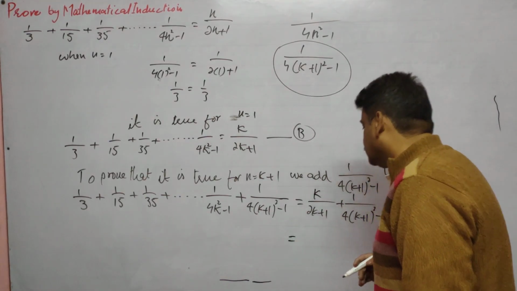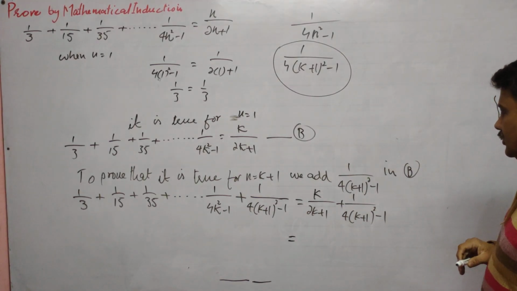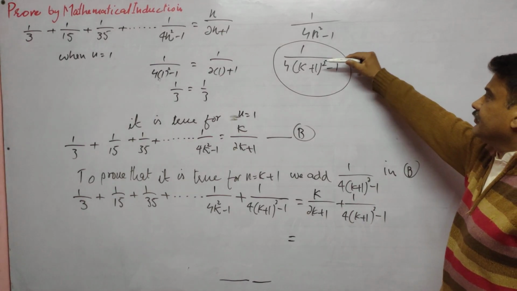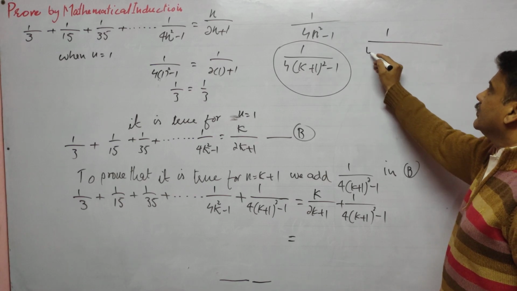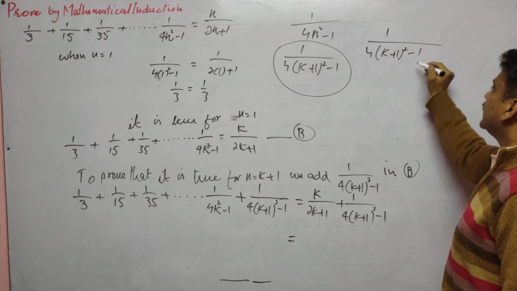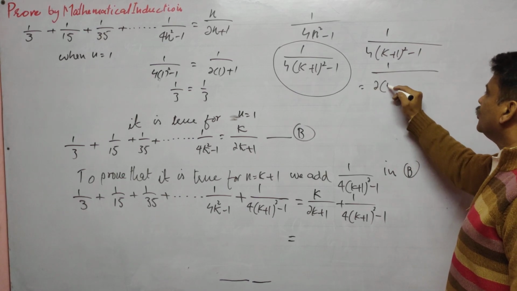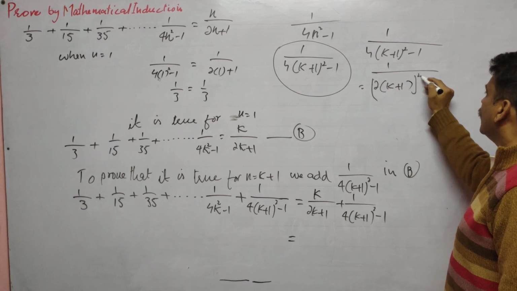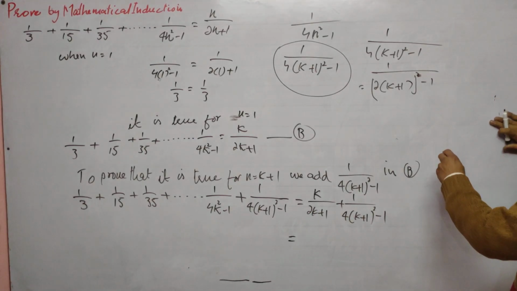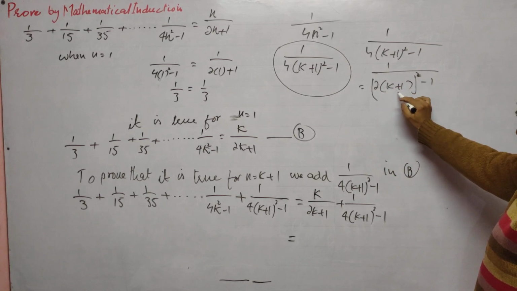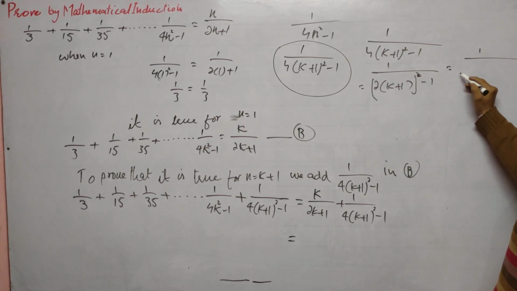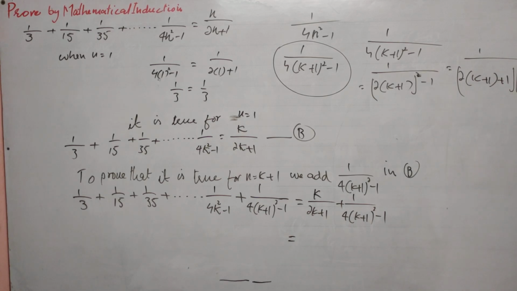We will solve. After simplification, we simplify this term 1/(4(k + 1)² − 1) as 1/((2(k + 1))² − 1).